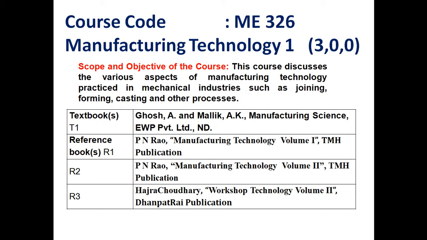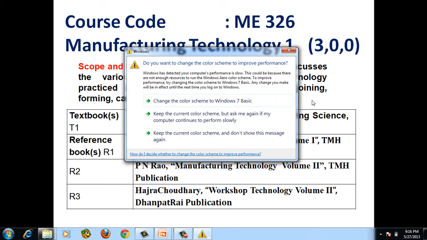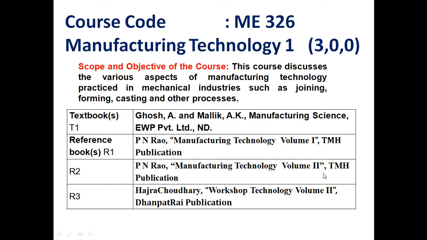One more reference book is given, Hajra Chowdhury is the author. Workshop Technology is the title of the book, published by Dhanpat Rai Publications. So this is the course we're going to study in the current semester related to manufacturing.